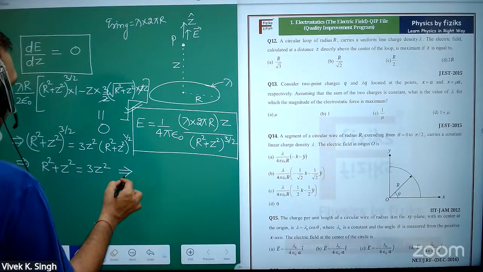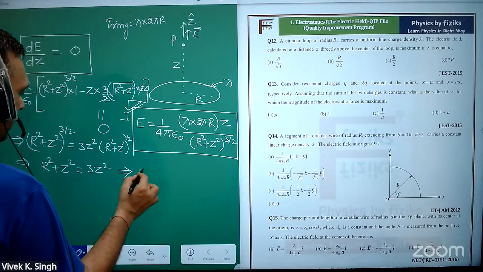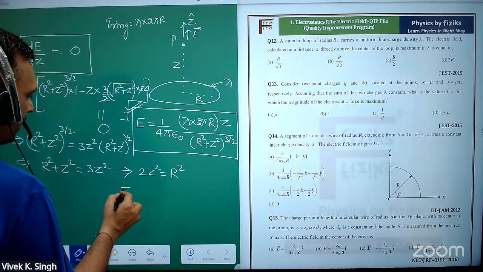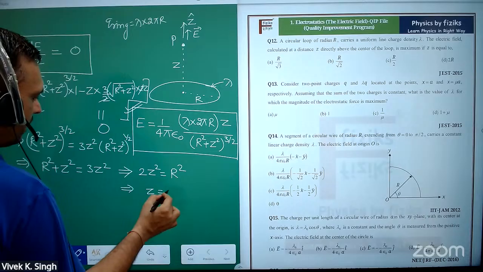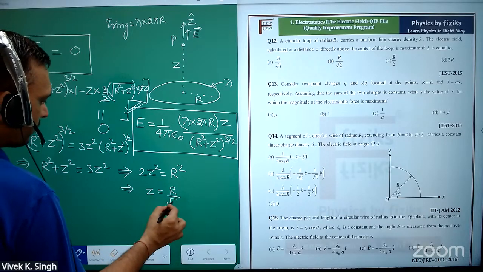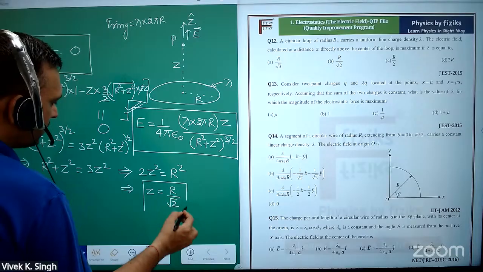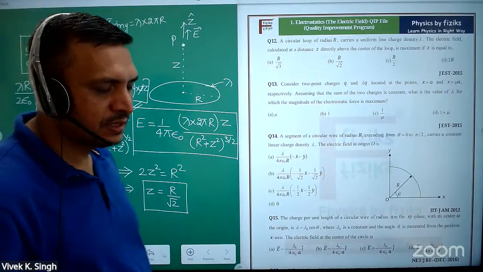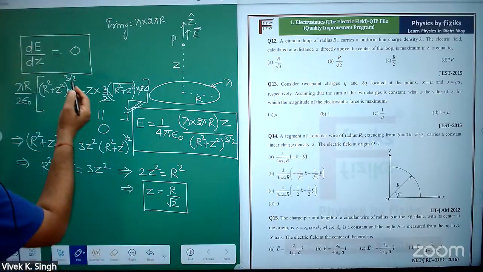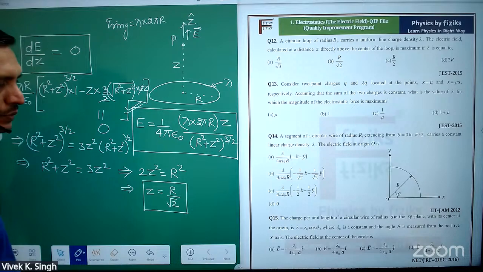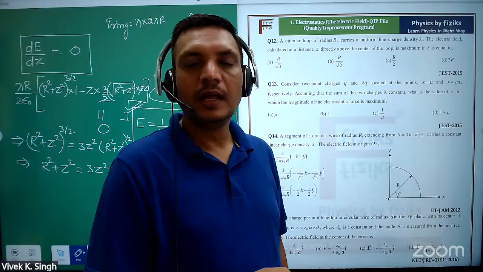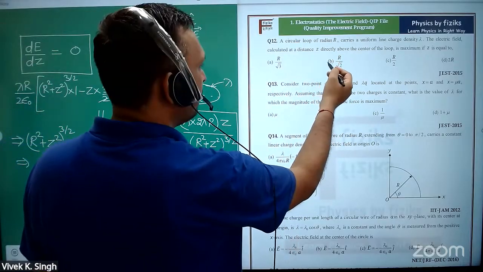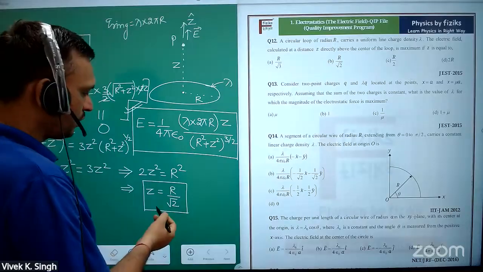Now this will give you 2z square equals r square, or z is equal to r by root 2. And you will see that at this z distance, the second derivative will be negative, which is the condition for maxima. Because the options are given, z will be r by root 2.